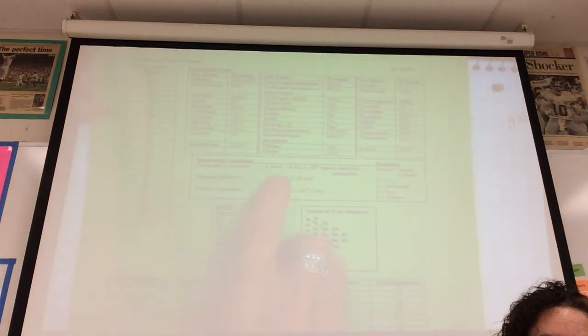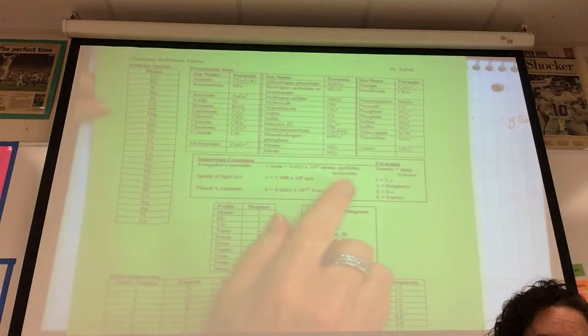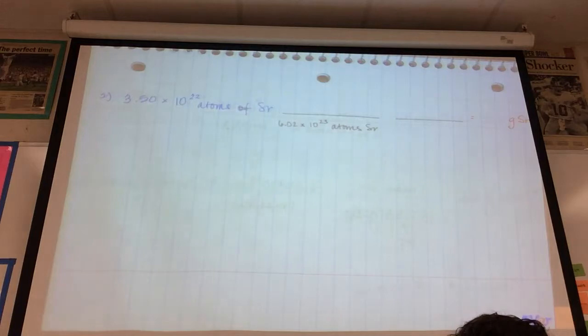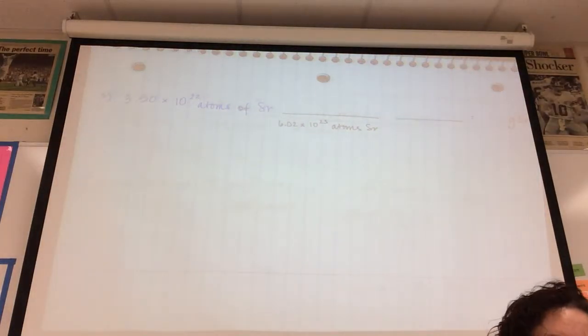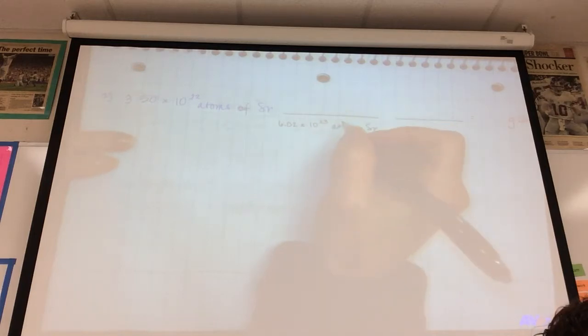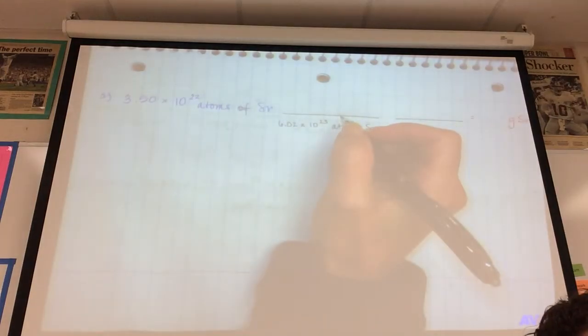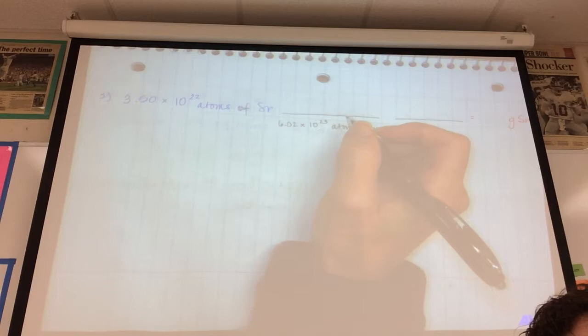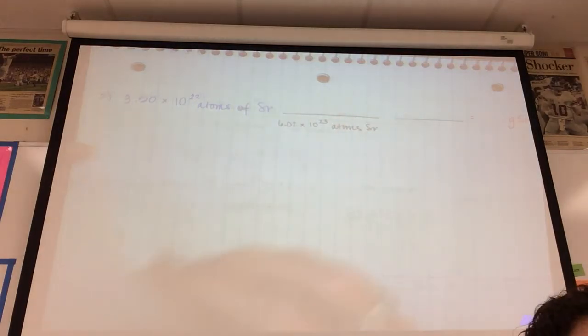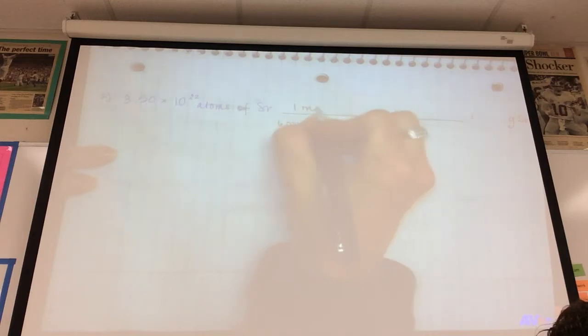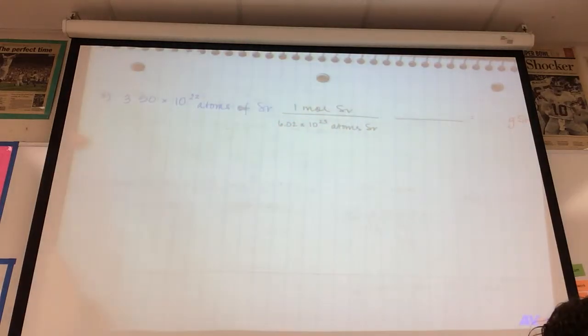On your periodic table, it's in the box right there. That is a constant that is provided. And what quantity always goes in the fraction against atoms or against grams? 1 mole of it. So that will allow you to cancel atoms of strontium.